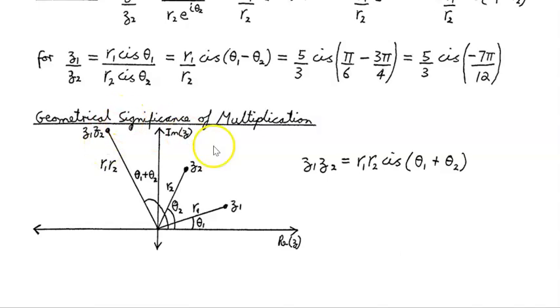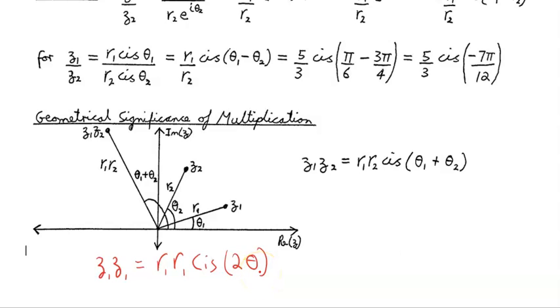If we had Z1 times Z1, then all that would result is a doubling of the angle, and R1 would be increased by a factor of R1, and we would have cis 2 theta.